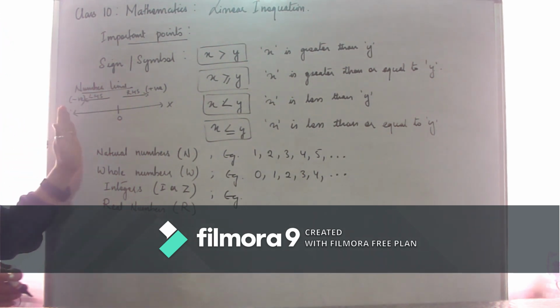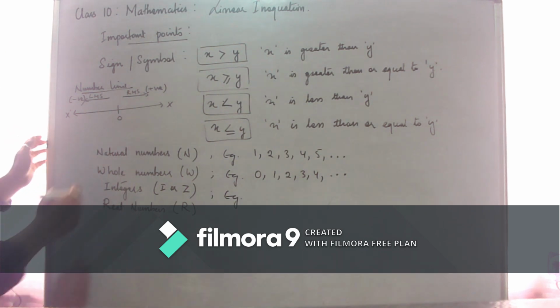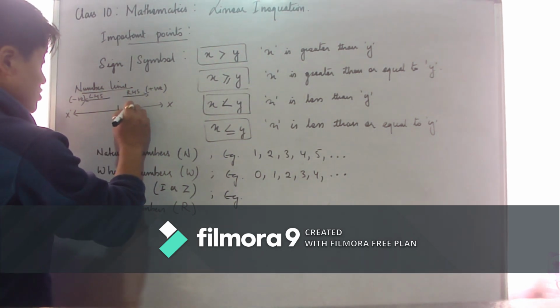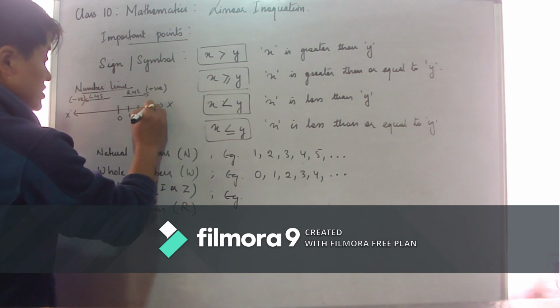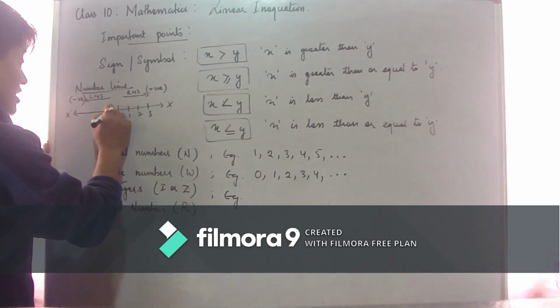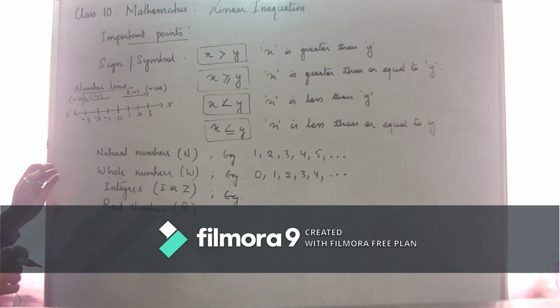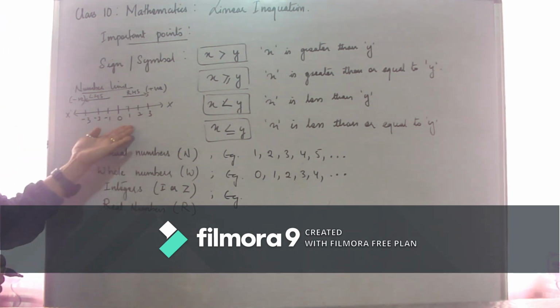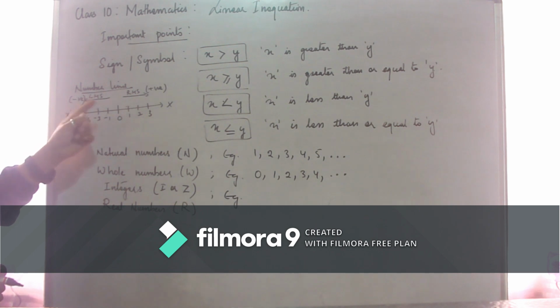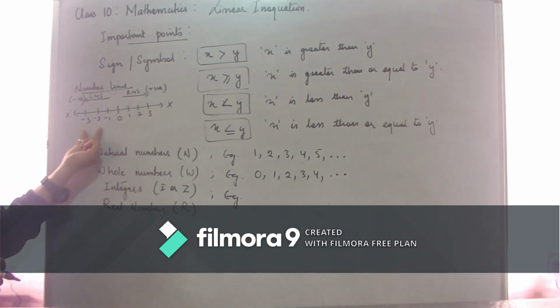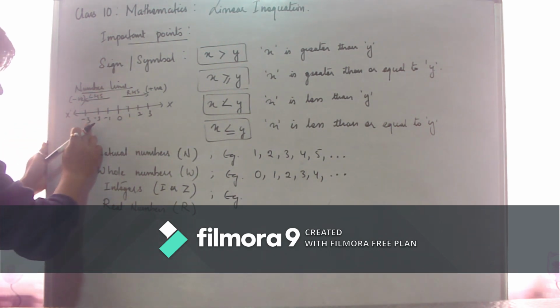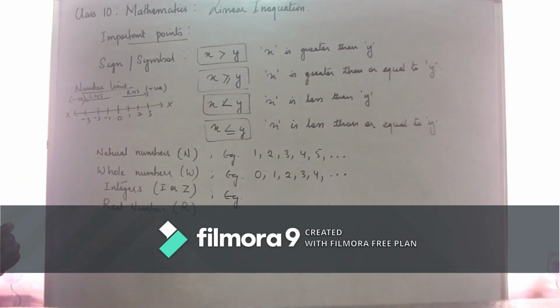These numbers will be continuous. So this is your 1, 2, 3 and continue, this is your -1, -2, -3. As we go from right to left, the value decreases, and when we go from left to right, the value increases.